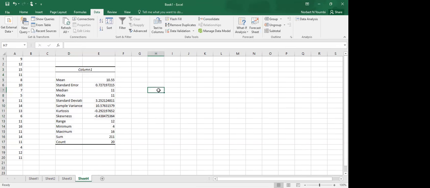So you can copy this and paste it on your Word document or just report the answers. You can report the answers here. If you click and paste, you will have this.